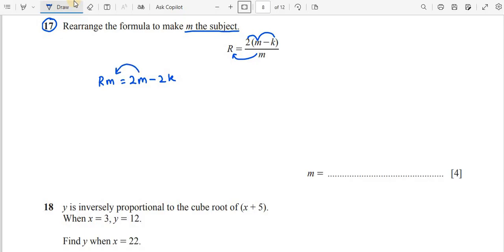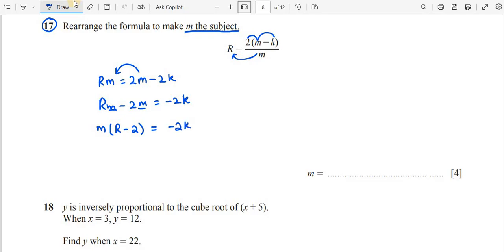Separate the values of M. So 2M shifts to this side. RM minus 2M is equal to minus 2K. Taking M common from both terms, M times (R minus 2) is equal to minus 2K.